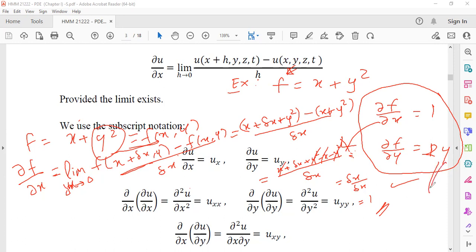This is your homework. Try it this way, I hope this is very simple. The partial derivative with respect to y will be 2y. Is that fine? Any difficulties or anything you want to ask me? You can ask.